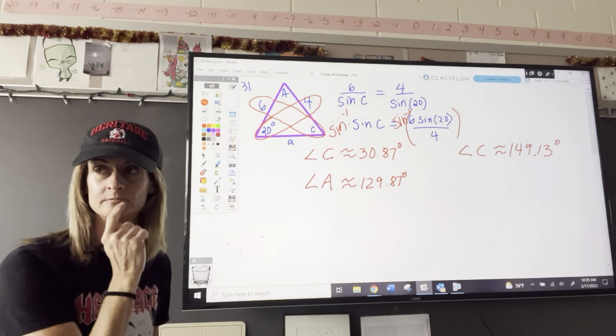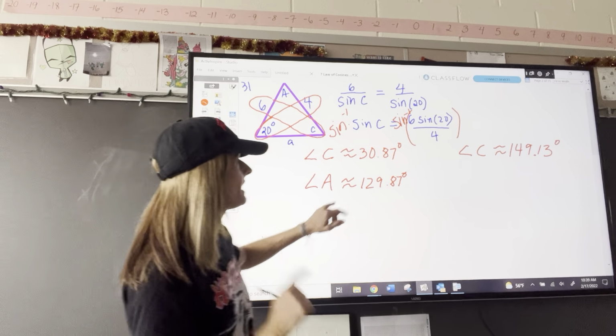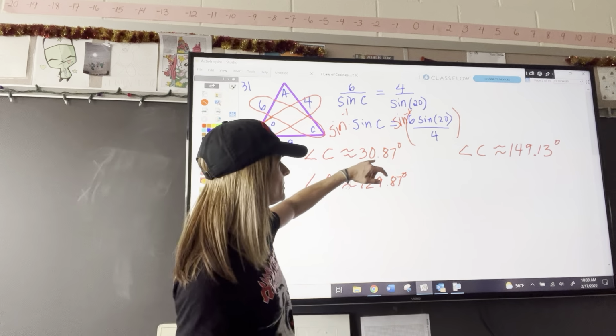Where did you get 120? I took the supplement, so I did 180 minus 30.87, and I got that value. It didn't really show this in the video because it's more for geometry. Gizmos does a very nice job of showing these two angles. These two angles are actually supplements of each other.